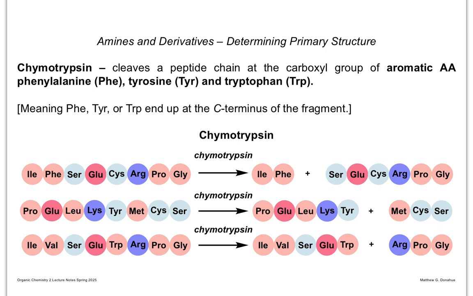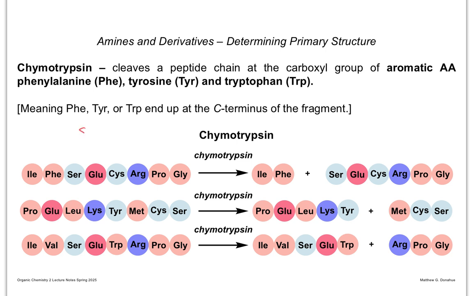Chymotrypsin cleaves a peptide chain at the aromatic amino acid residues phenylalanine, tyrosine, and tryptophan. We have 3 examples here. So 1, 2, 3, 4, 5, 6, 7, 8.